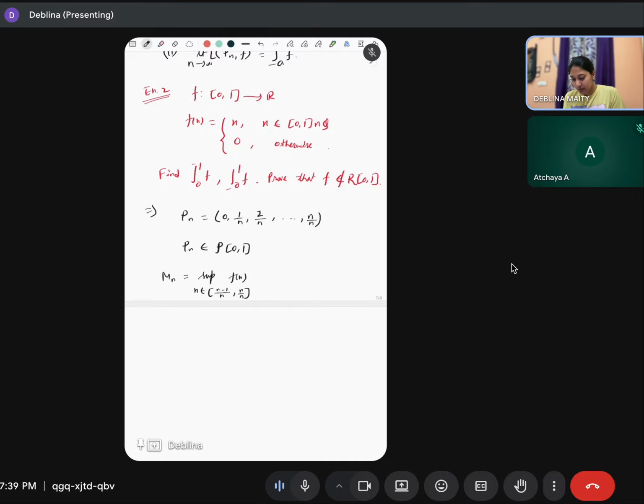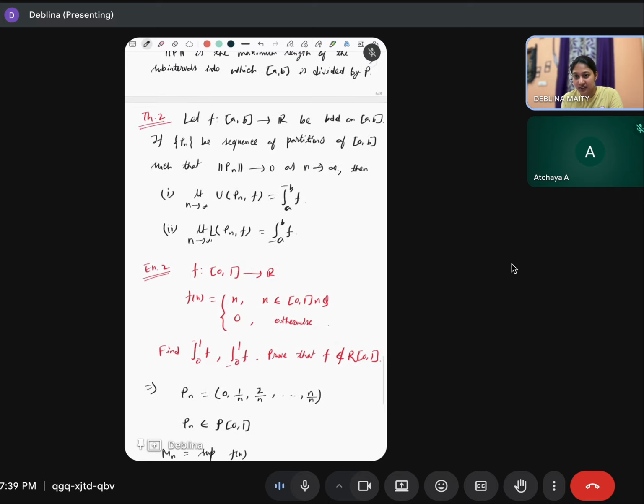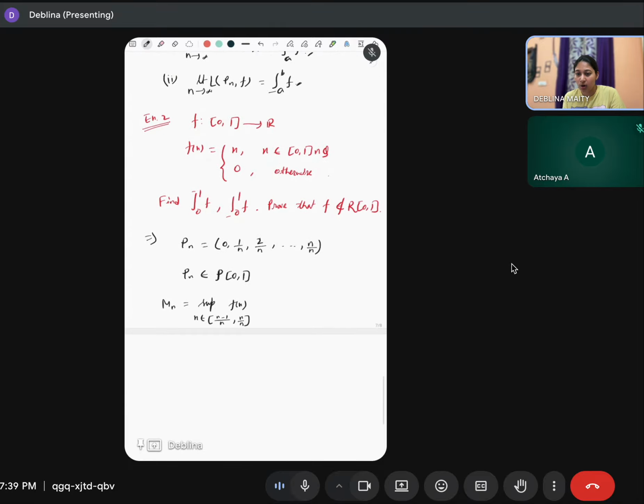Okay, so what we are doing is that we have to check that this function f is not Riemann integrable, and for this we'll use this theorem 2, where we will find a sequence of partitions Pn whose norm will go to 0, and we'll see that the upper integral and this lower integral are different, and then we'll see that this f is not Riemann integrable.